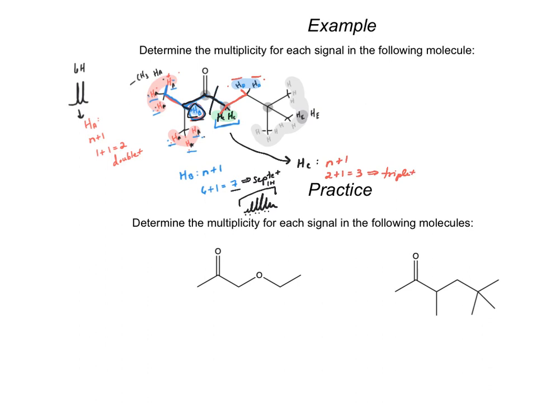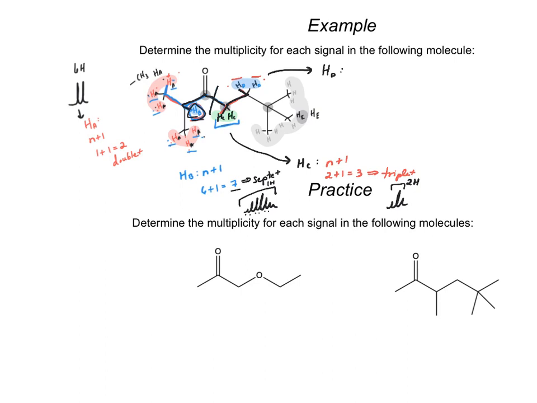When we actually saw the peak for that, it would be a 1 to 2 to 1 ratio. And again, this would integrate into 2 protons, giving rise to this HC signal. Same thing for HD. So for HD, we have 1, 2, 3, so it is going to be split by HC.